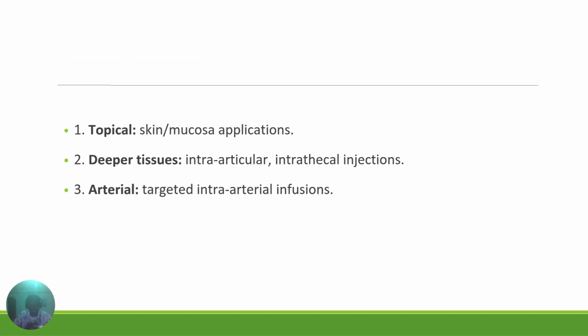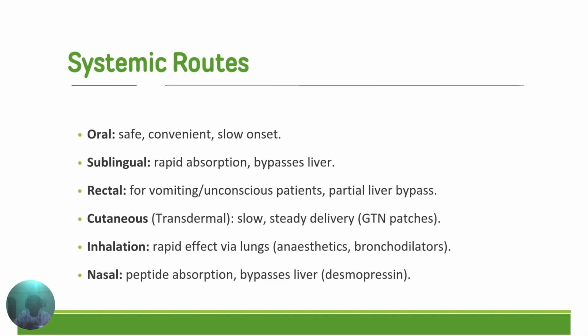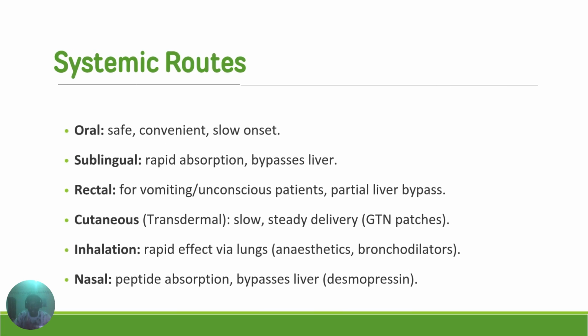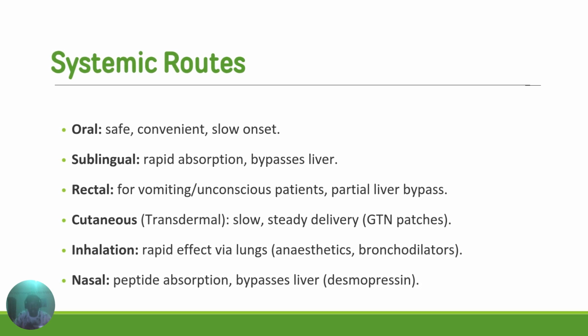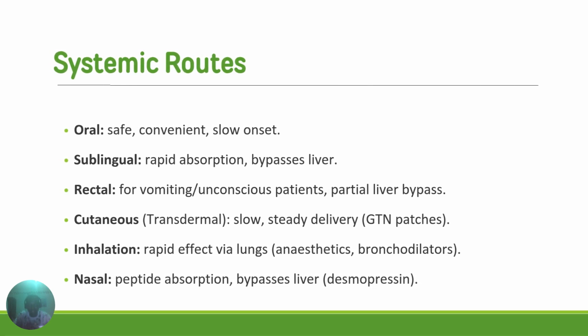So, having looked at the local routes, let's also look at systemic routes. Oral, through the mouth, the drug is swallowed into the GI. It's usually safe and convenient, and it has a very slow onset. Then you have sublingual.